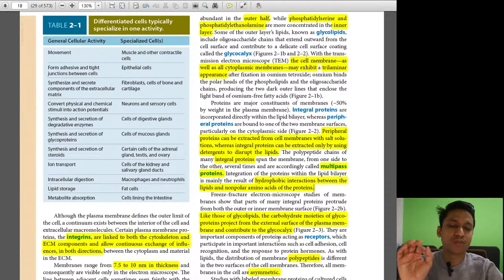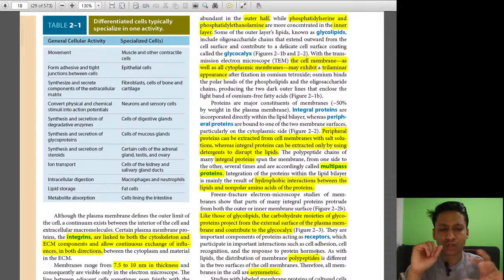They are important components of proteins acting as receptors, which participate in important interactions such as cell adhesion, cell recognition, and response to protein hormones. So this type of protein that protrudes outside has an important role, and that role can be cell adhesion, cell recognition, or response to the protein.